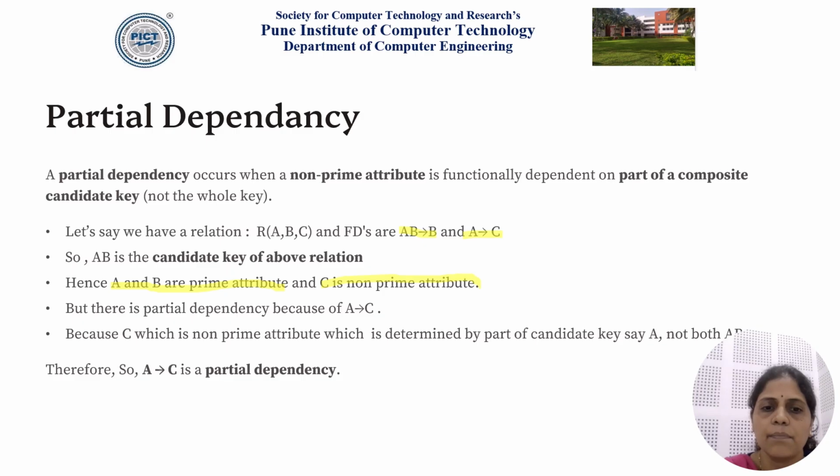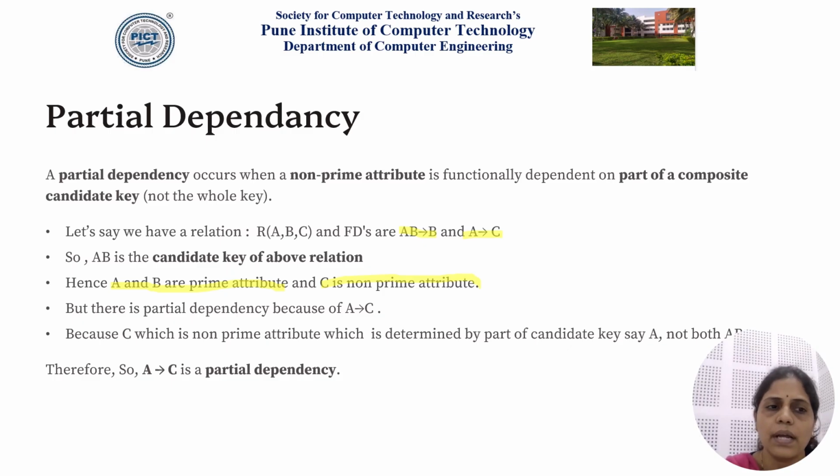C is identified only by A, not by A and B both. So this is a partial dependency because of A arrow C. C, which is a non-prime attribute, is identified by a part of a candidate key, here A, not both A and B. So A and C are in a partial dependency.